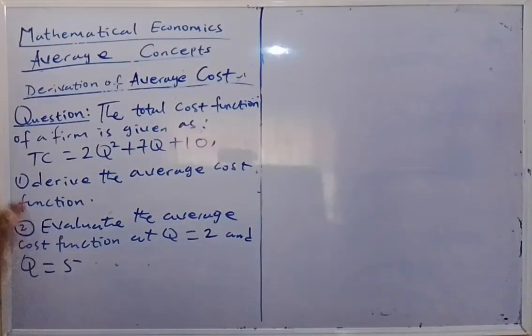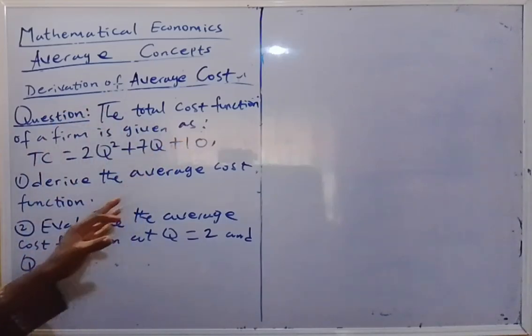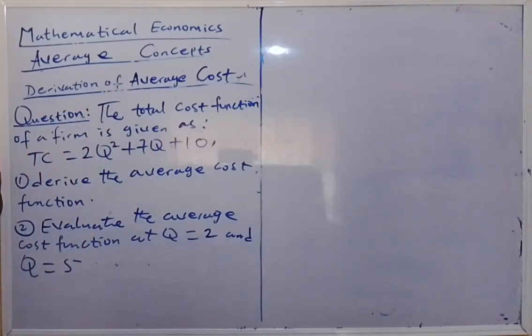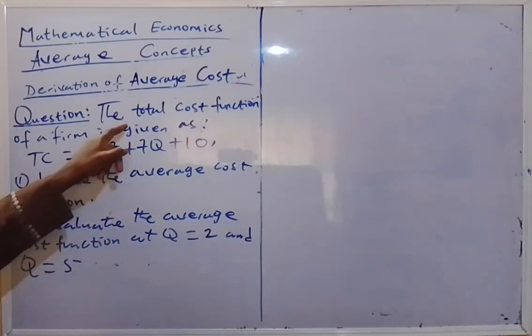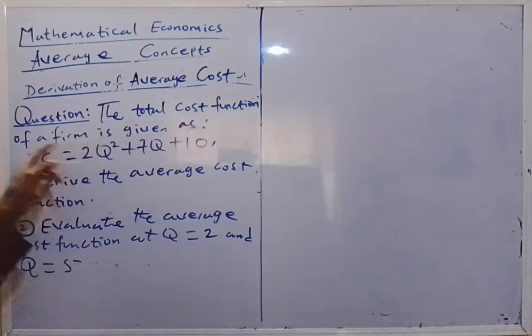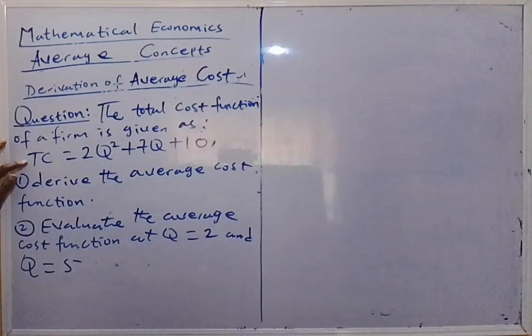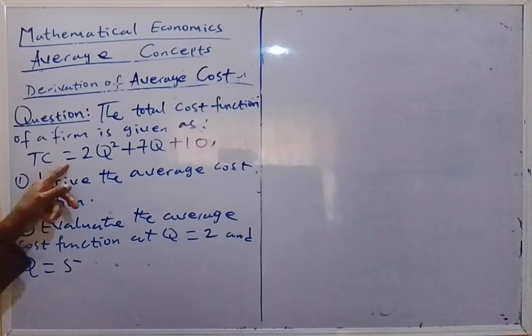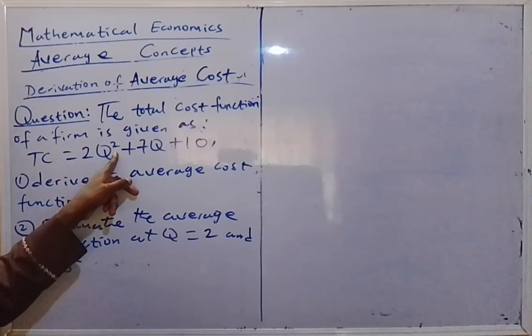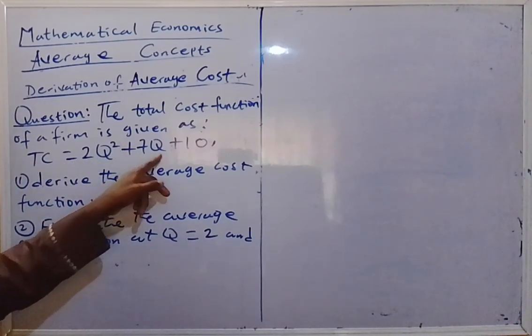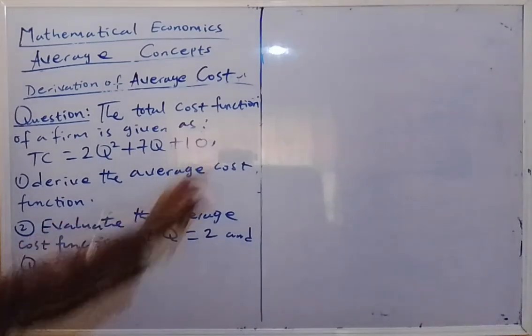In this class, I want to show you how to derive average cost function from total cost function. Let's take a look at this question. The question says the total cost function of a firm is given as TC, that is total cost, equals 2Q squared plus 7Q, then plus 10.